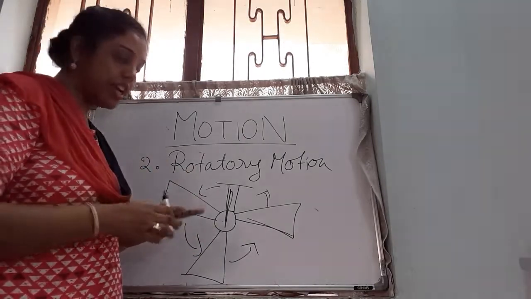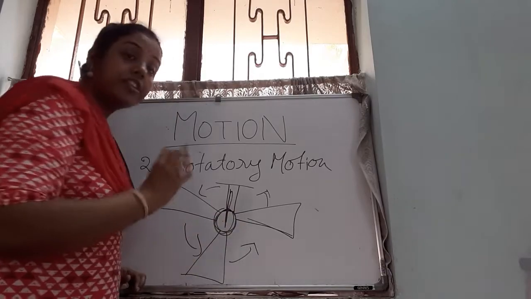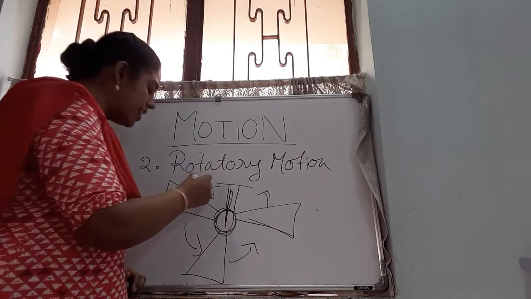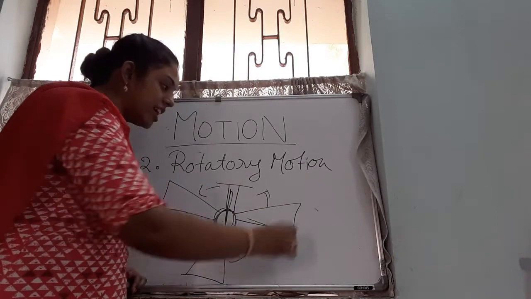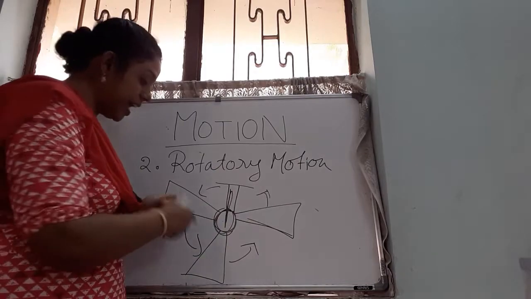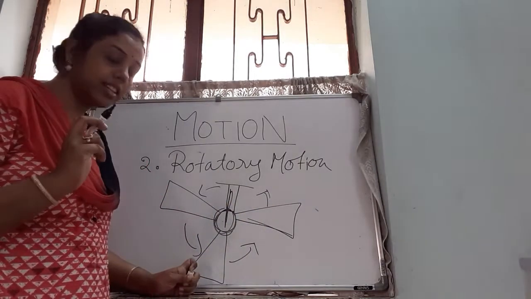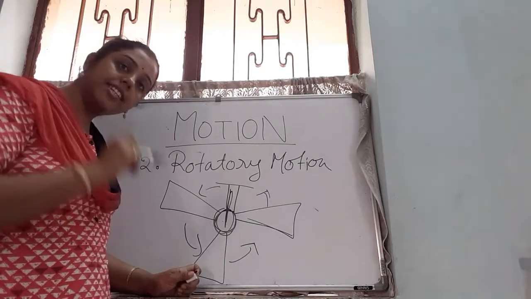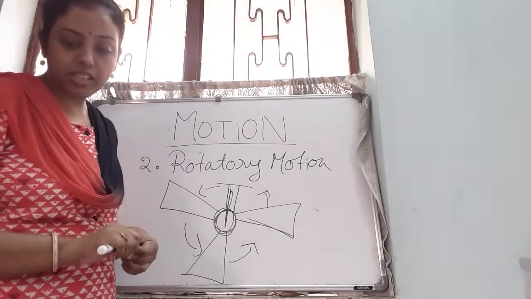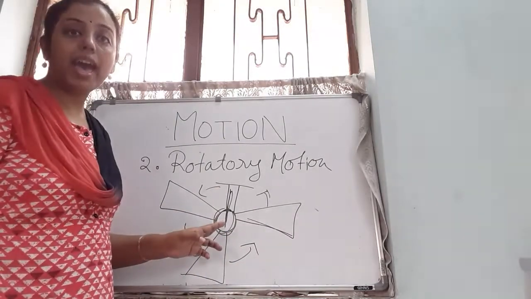Whereas in rotatory motion, the part that is near the axis travels less distance at the same time, whereas the part that is away from the axis, that means the end of the blade, travels more distance at the same time, because this part is away from the axis.